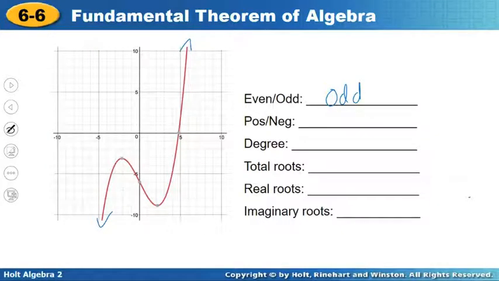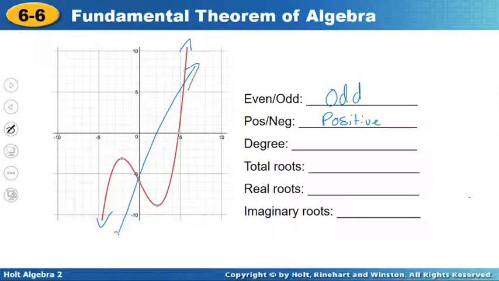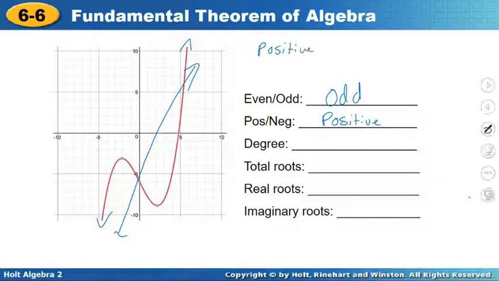Positive or negative? Now this is kind of tricky, but it's definitely positive. It's positive because if you look at it from left to right, it has a trend in an upward direction, like a positive linear slope. So the rule of thumb here is it's going to be positive if you're going down on the left and up on the right.